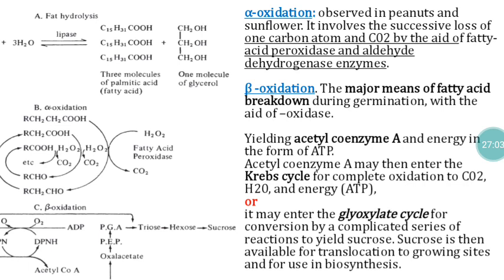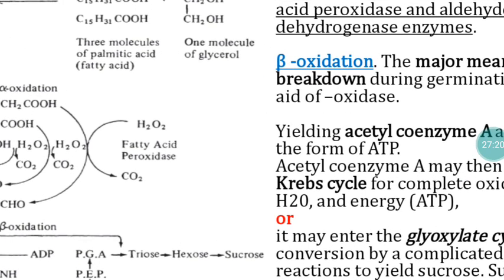In alpha oxidation, the fatty acid will lose 1 carbon atom as carbon dioxide with the help of the fatty acid peroxidase enzyme and aldehyde dehydrogenase enzyme.